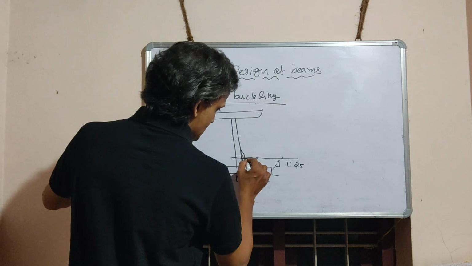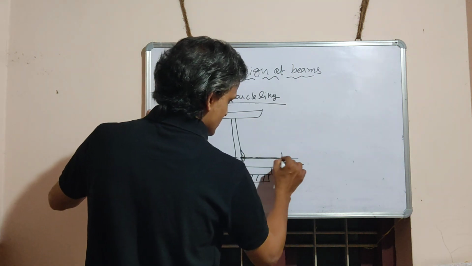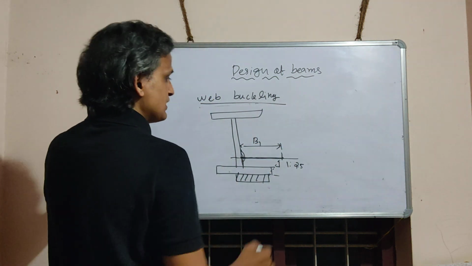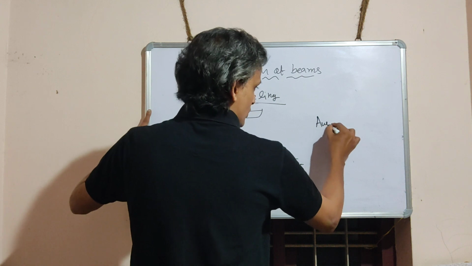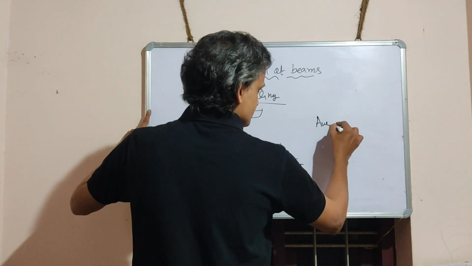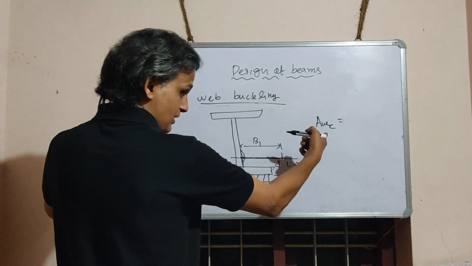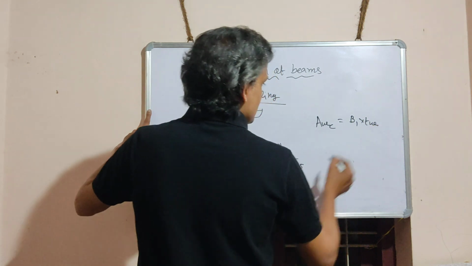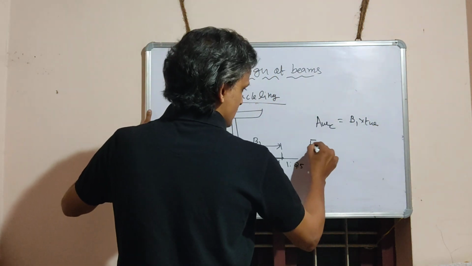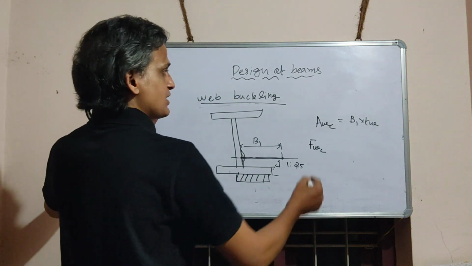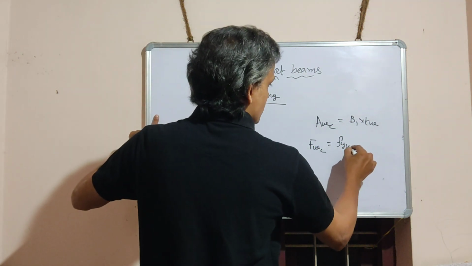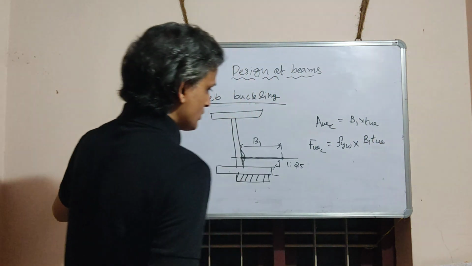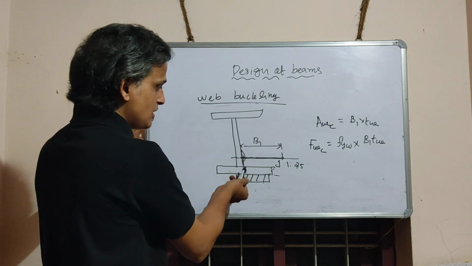As we discussed in the previous case, calculate what is the width. This width, let it be B1. Then that bearing area or crippling area is B1 into TW. Then the crippling capacity, let it be FWC, is equal to FYW into B1 into TW. Now, how will we calculate B1?